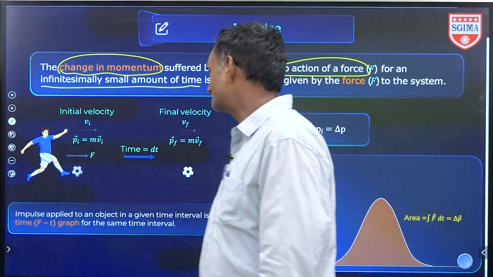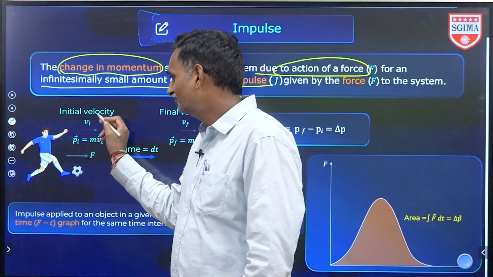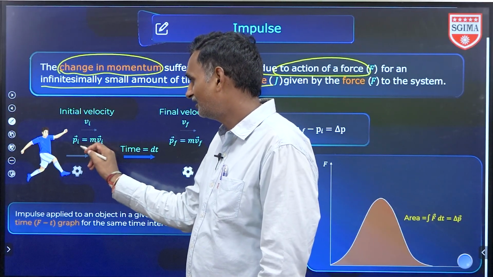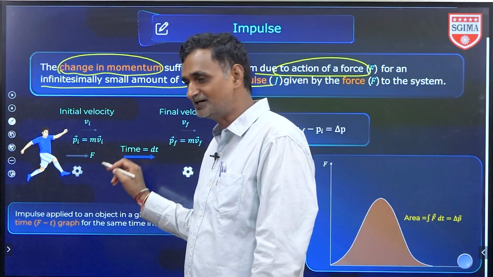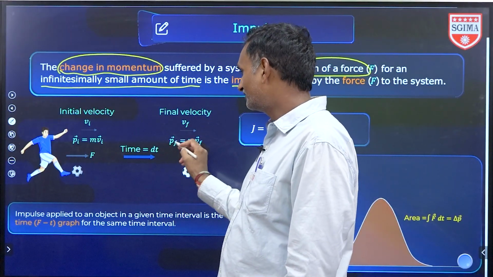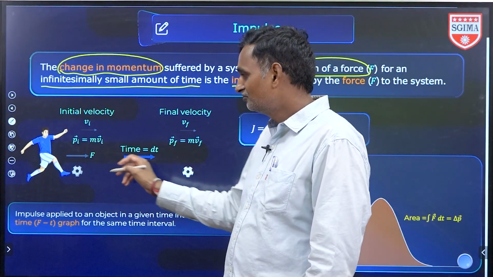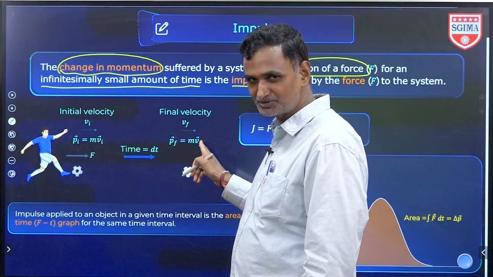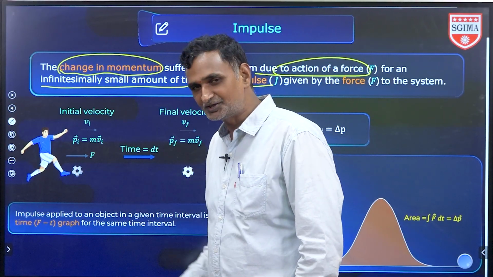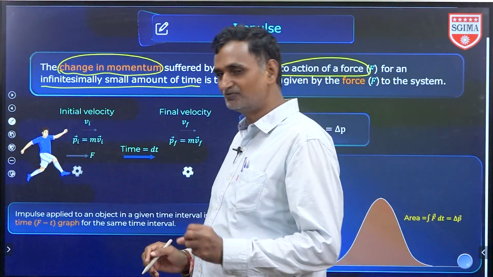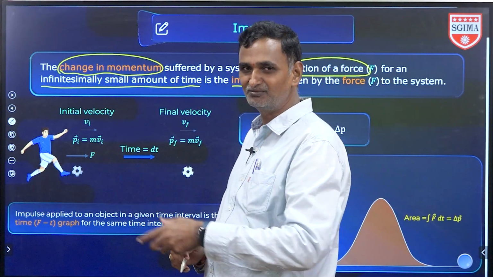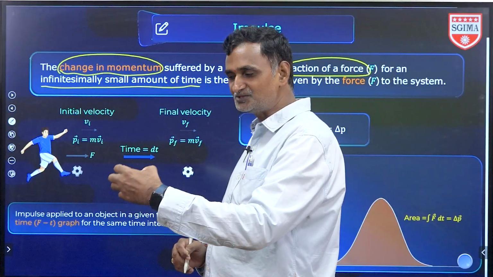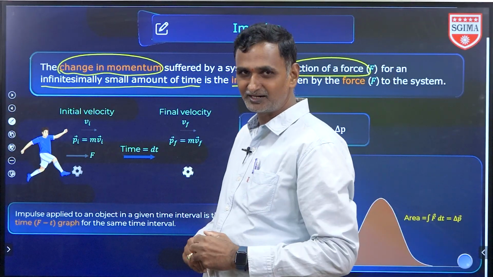So here is the situation. Initial velocity Vi is there, and the initial momentum we can take as P initial, and the final velocity V final, final momentum m v final. But how the ball got its final velocity and momentum: for a fraction of a second he gave some force on the ball, meaning he was kicking the ball. Kicking the ball means it is in contact for a very short time.